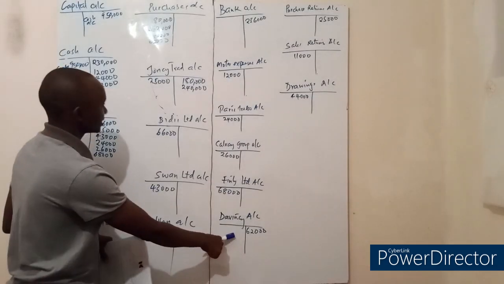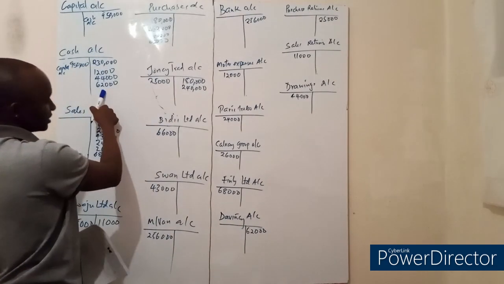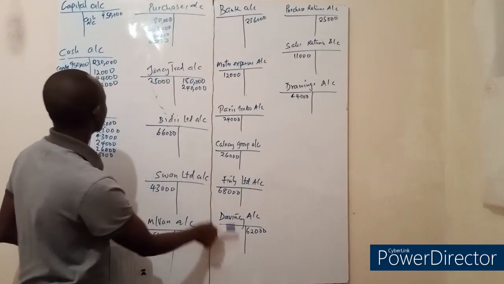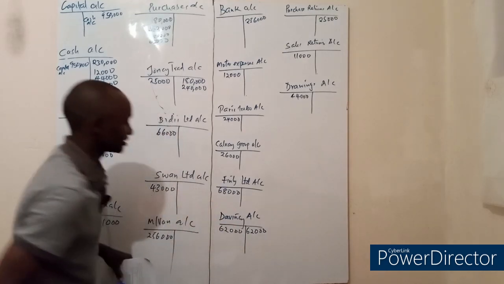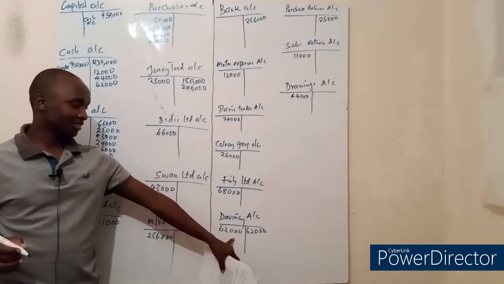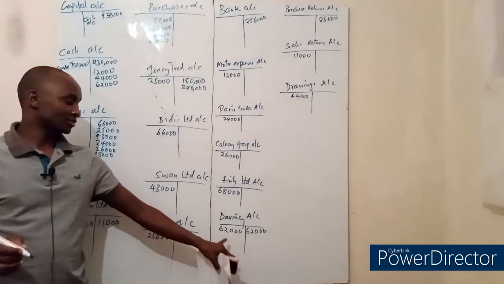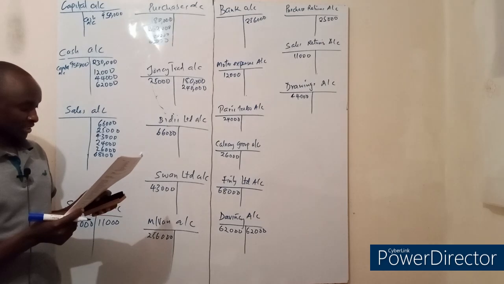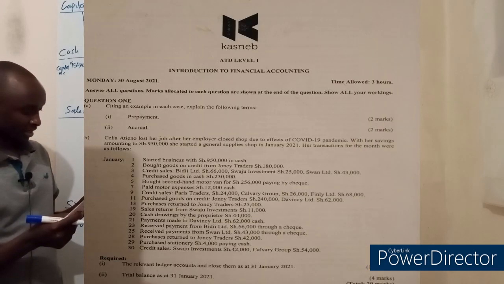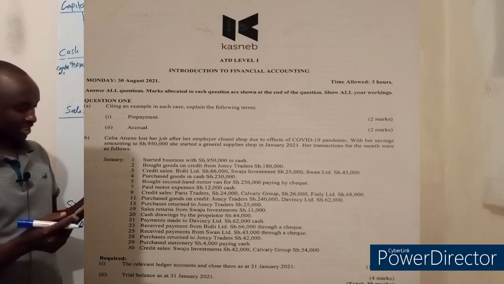Da Vinci Limited is here. This is the credit side, so we are going to debit the Da Vinci account with 62,000 Kenya shillings. That means we have paid Da Vinci the full amount, isn't it? So January 23rd, received payment from BD Limited 62,000 through a check.